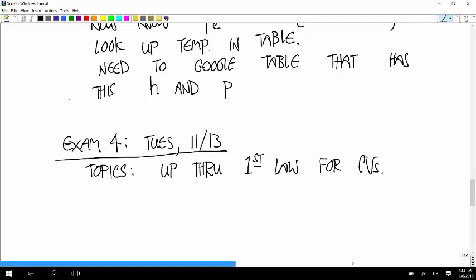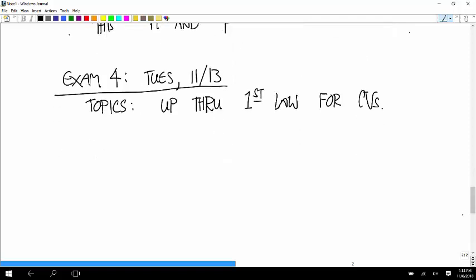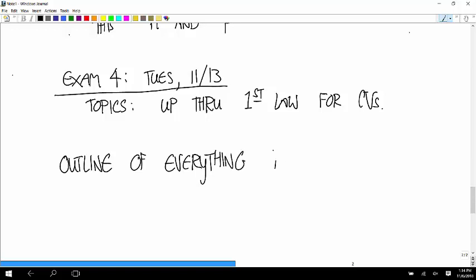And remember, it's cumulative, so all the stuff before will be on it too. So here's an outline of everything before the second law of thermodynamics.